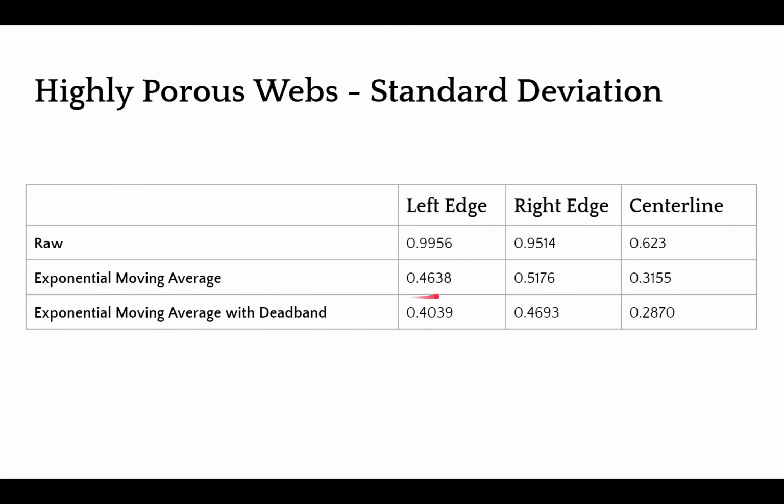Now, if you apply a moving average filter, you can reduce that even further, and then a deadband can reduce that even further. Again, the application of moving average and deadband all really depends upon what kind of material you have and how much information you have about the expected variation.